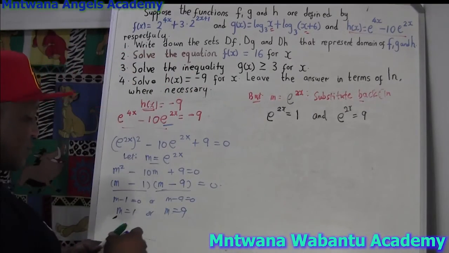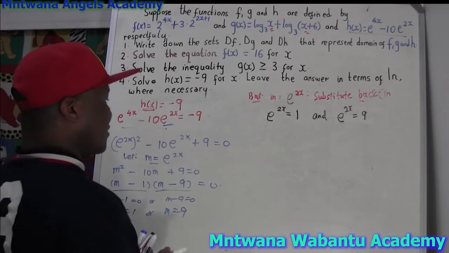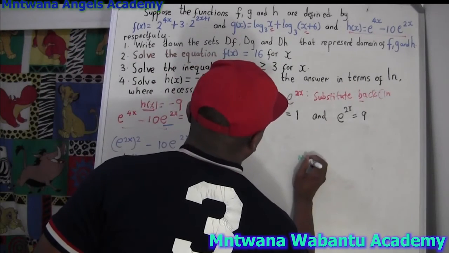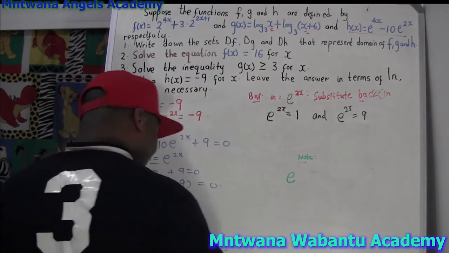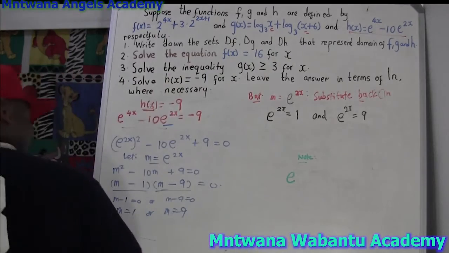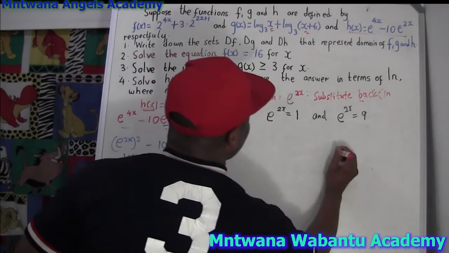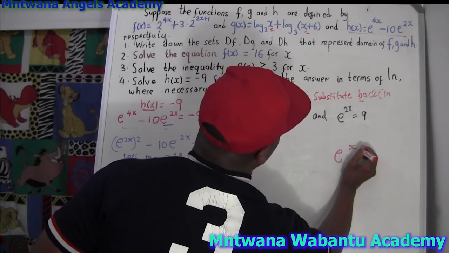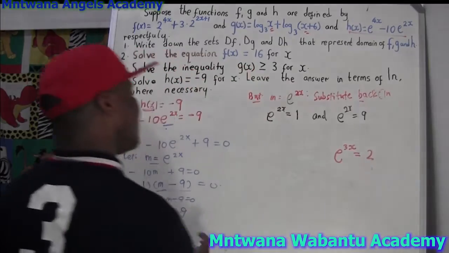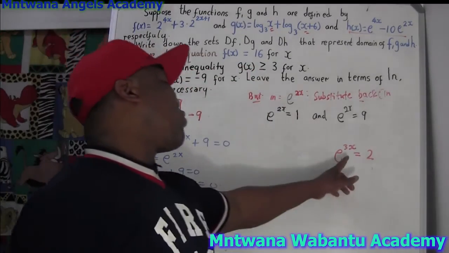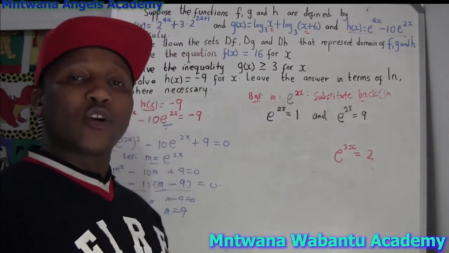So what are we going to do now? We're done. So listen, this is very, very important. Note: if somebody gives you e^(3x) equal to, let's say, any number, let's say 2, and you want to get the value of x, apply ln throughout.